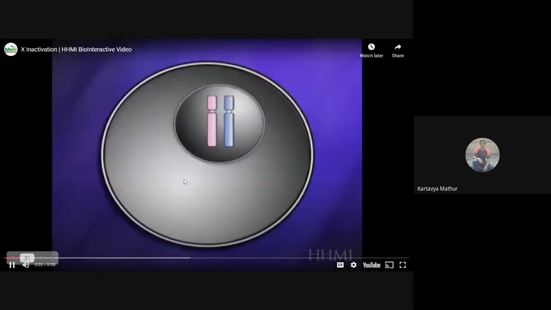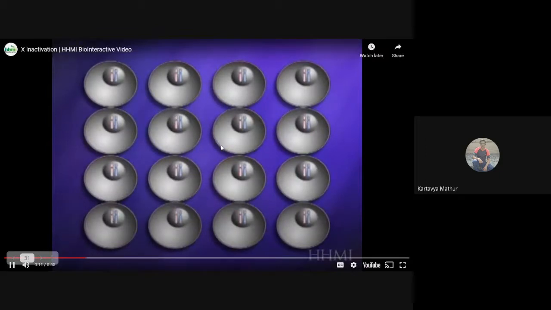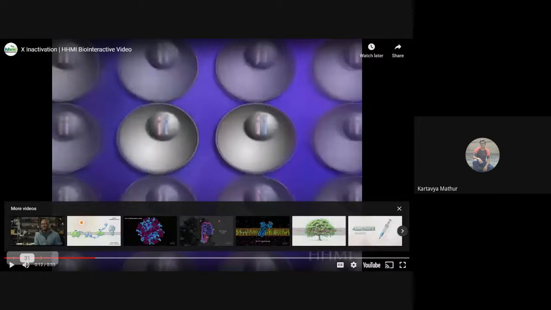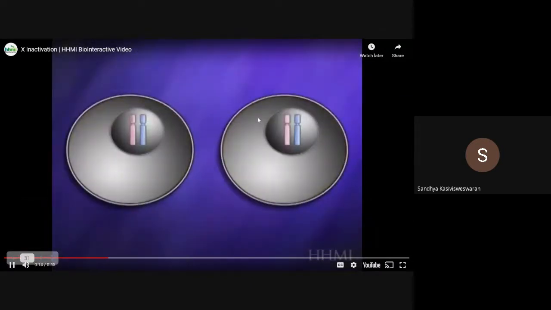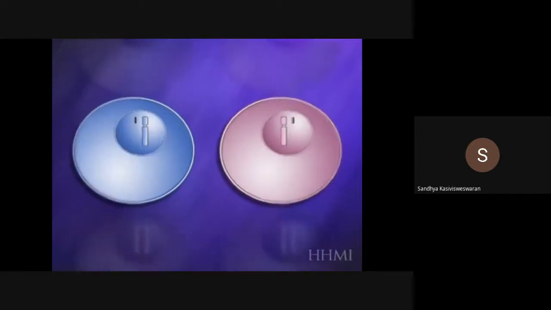And these cells start off in a female with two X chromosomes. The cell divides, and the embryo is getting slightly bigger, and still each cell has both X chromosomes active. But in early embryogenesis, each cell will inactivate one of its X's, and one cell will remain with the paternal X as active, while the other one, the maternal one.